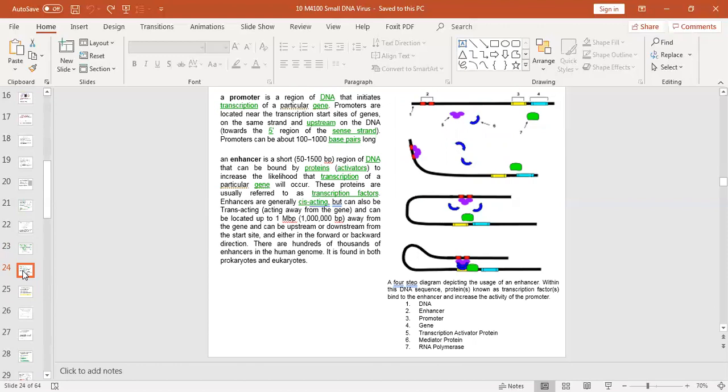What are they? Where can they be found and what is their function? On the right-hand side of slide number 24, we have a four-step diagram showing how we use an enhancer and its different components, and I want you to refresh your memory on these two concepts.